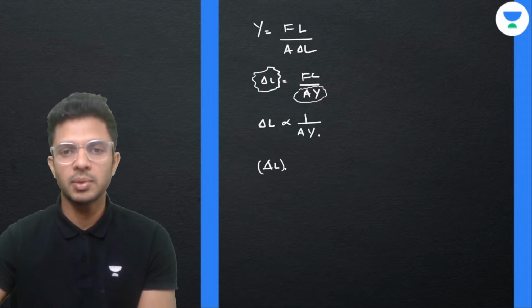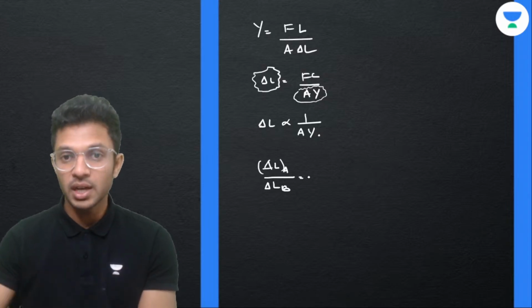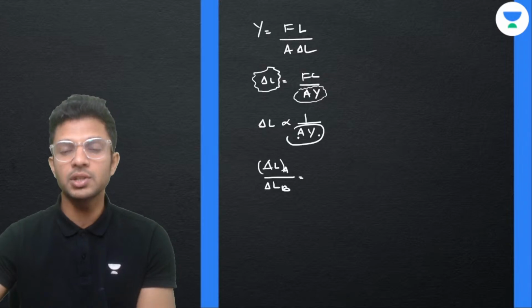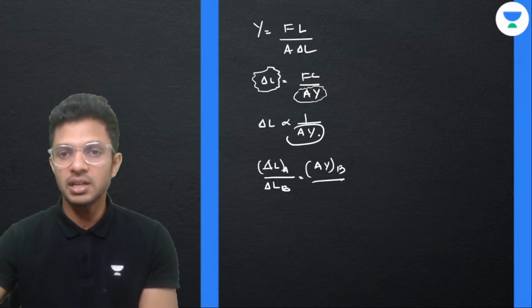Change in length to the material of A to change in length to the material of B is equal to, it is inversely proportional to the product of area and Young's modulus. So delta L of A by delta L of B will be equal to AY of B divided by AY of A.